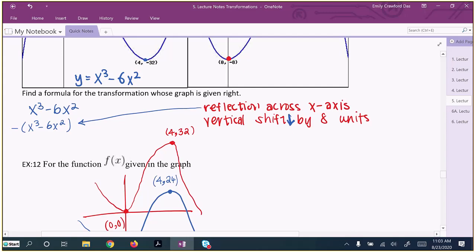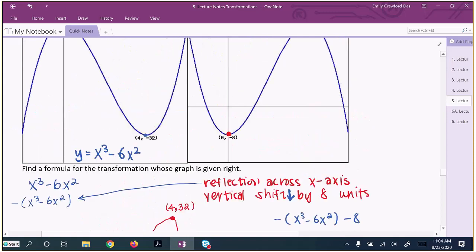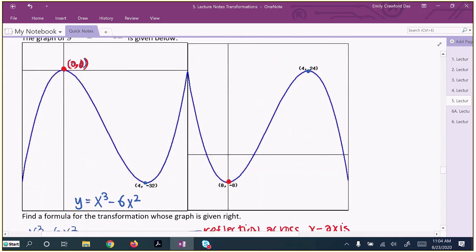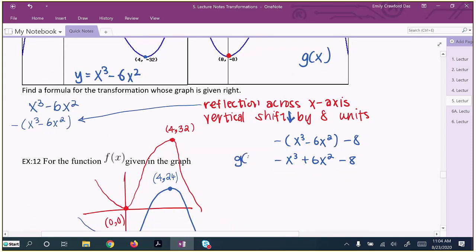And then vertical shift down by 8 units is going to result in minus x cubed minus 6x squared minus 8. Or if I want to distribute this negative, I can write it as minus x cubed plus 6x squared and minus 8. So if I call this graph g of x, then g of x is equal to minus x cubed plus 6x squared minus 8.